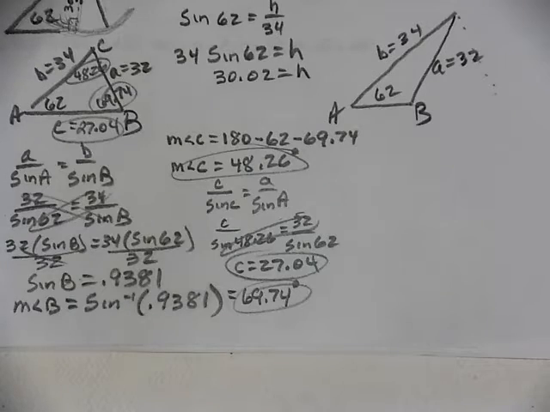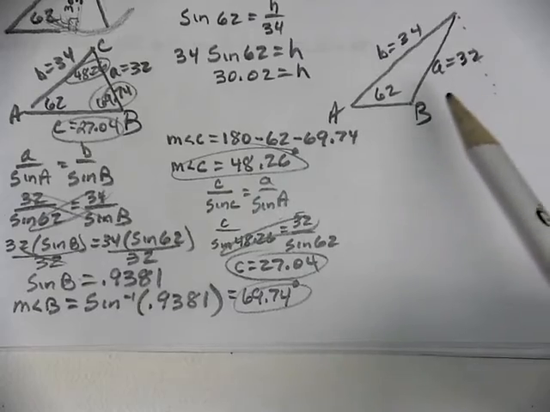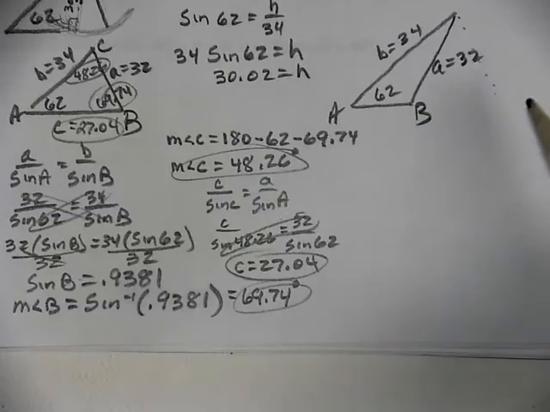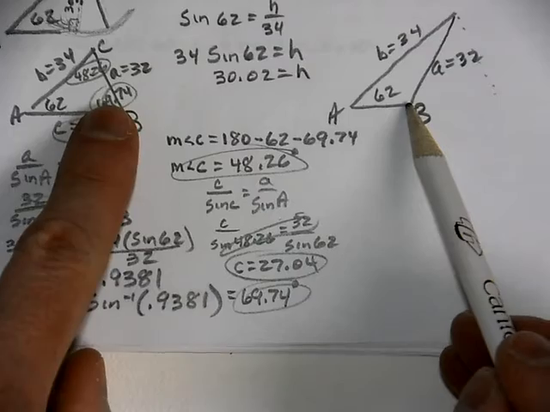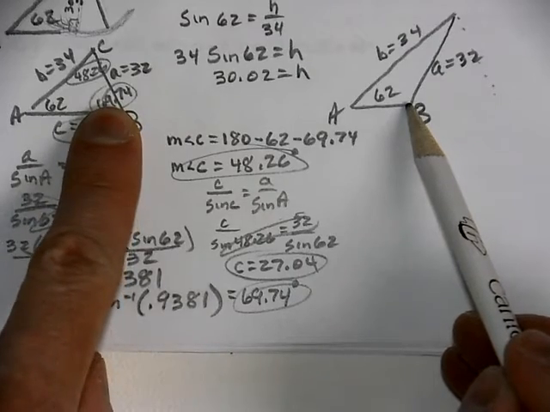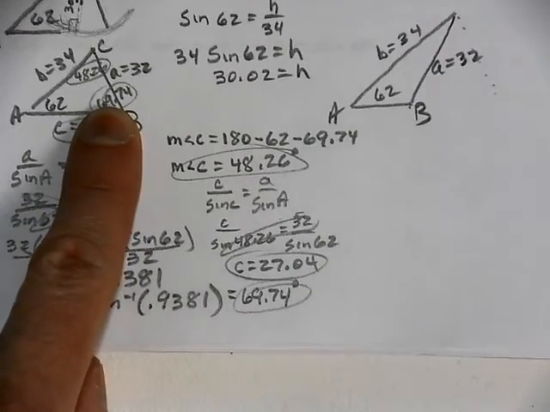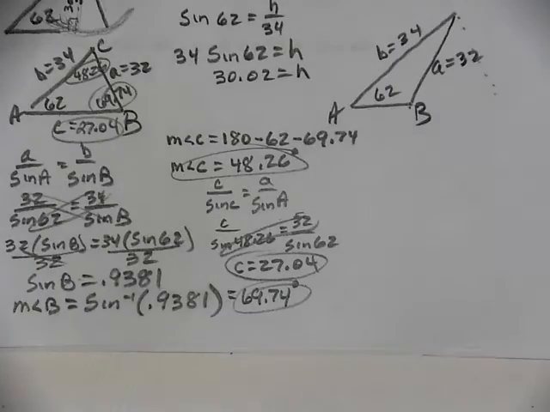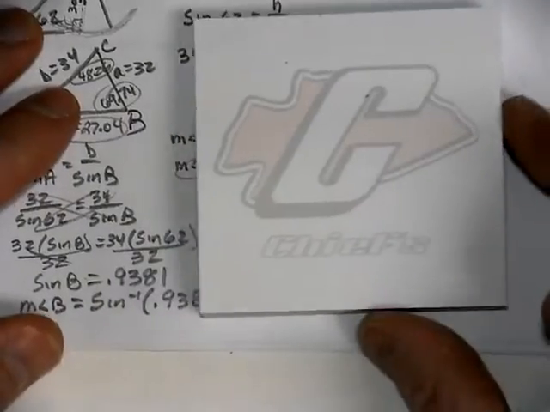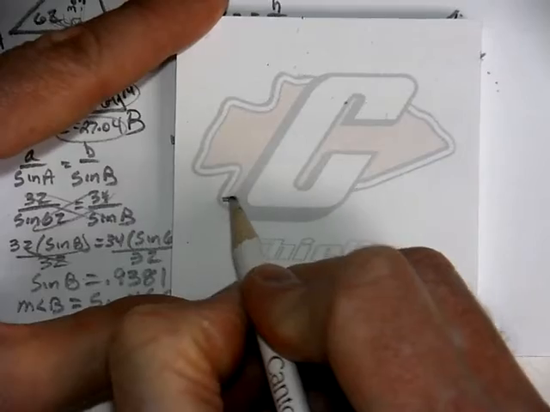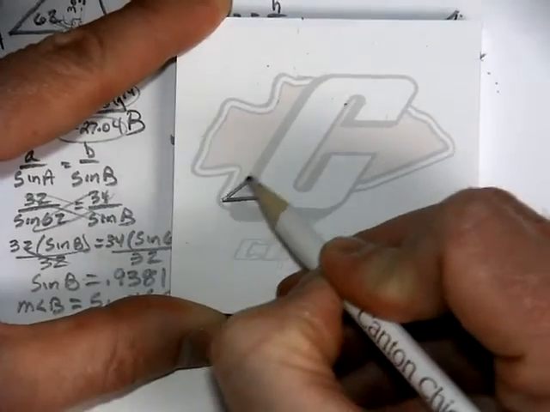All right, so we solved it just like we would solve for any triangle. Now, how do we figure out the measurements of the second triangle? These B values are supplementary to each other. Let me give you a little demonstration of why this is supplementary.